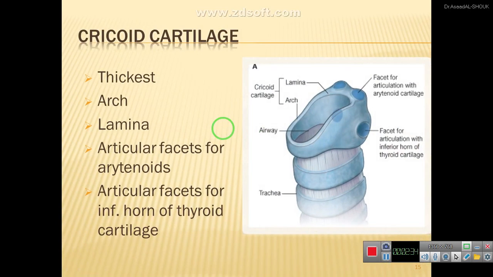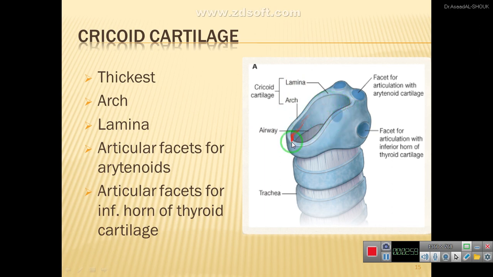The second of the single cartilages of the larynx is the cricoid cartilage. The cricoid cartilage is this one here. This one is the foundation of the larynx.